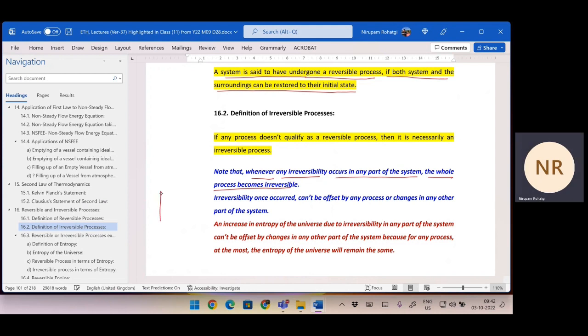Suppose you have one system, there is one process going on here and one process going on here. This is a reversible process, this is an irreversible process. Now, if you want to talk about both the processes together as one process, then the two together are irreversible. In other words, irreversibility once occurred cannot be offset by any process or any change in any other part of the system.